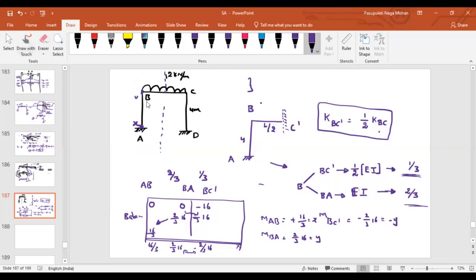Y. What about the moment at B towards C? How much will it be? Minus Y. Can you tell me what about here? What about the moment at D towards C? Are you guys getting what I'm writing there? Writing plus 16 by 3, 2/3 of 16 every time will be difficult to represent. That's why I'm writing in terms of X and Y.